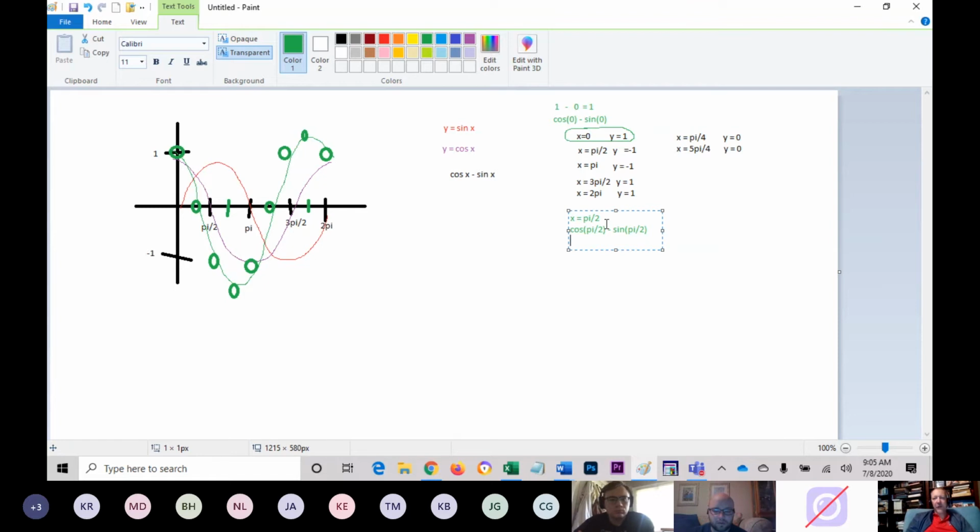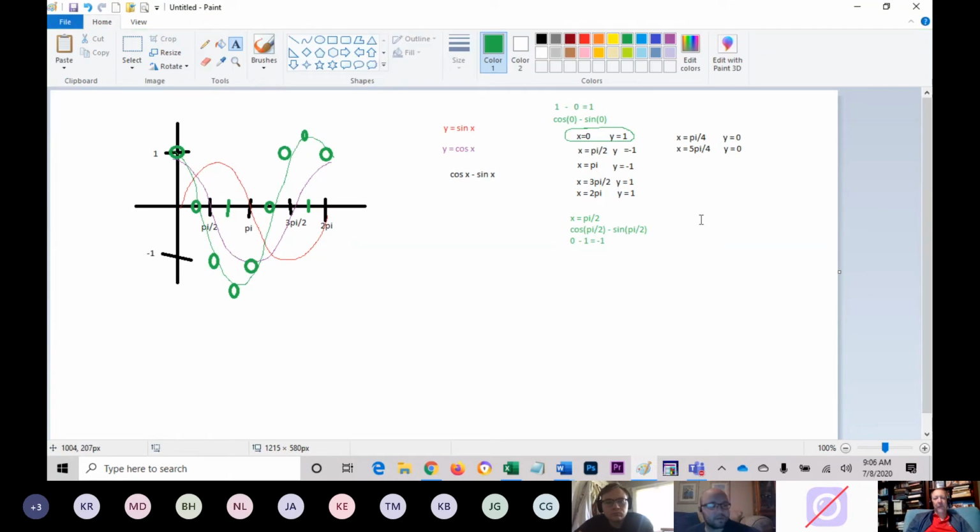So the cosine of pi halves is going to be 0 minus the sine of pi halves is just going to be 1. So that's going to equal -1. And so that's how I got the second one. Basically I did the same thing with all of these points. Gotcha. All right. Thank you. Okay.